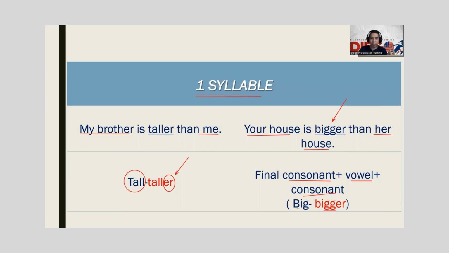In this case, I have big, and I have to repeat the last consonant, that is G. So I said bigger, double G, okay? I hope this part is okay. Now, if this is all clear for you, we're going to move on. So for one syllable, we have two rules. Let's move on to the next one.